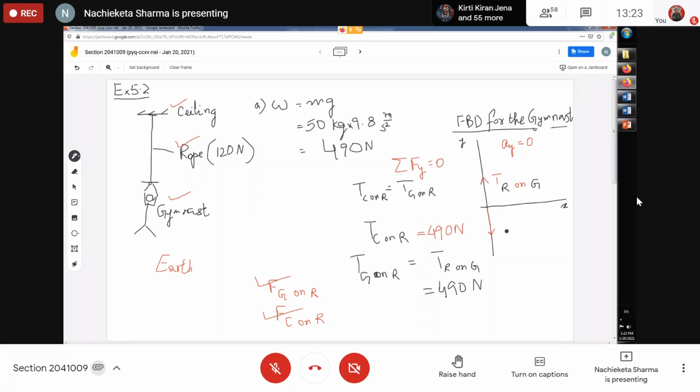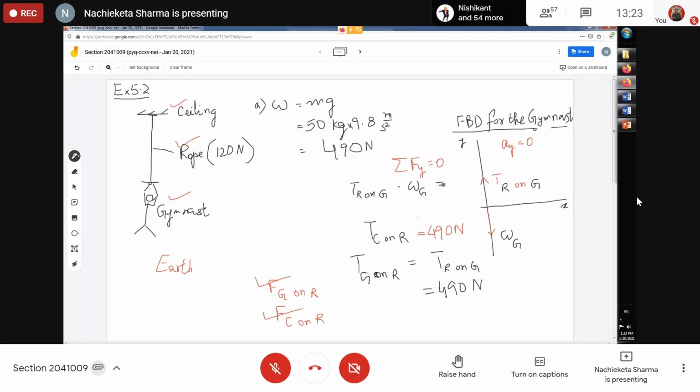Okay, and again I will apply Newton's first law, and what I get is T R on G minus W G is equal to 0.